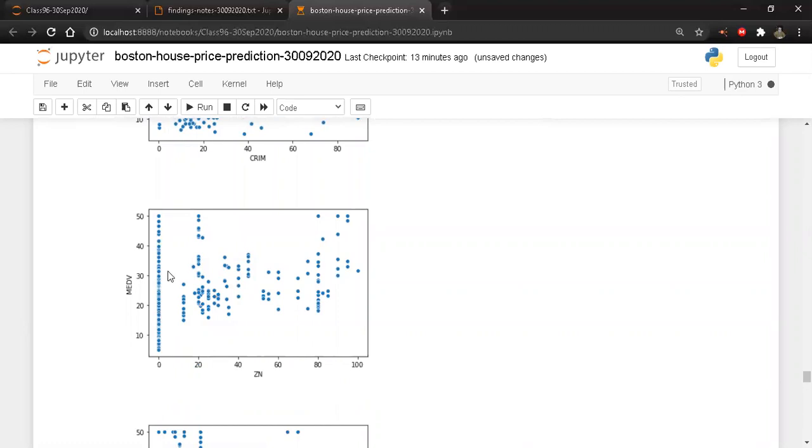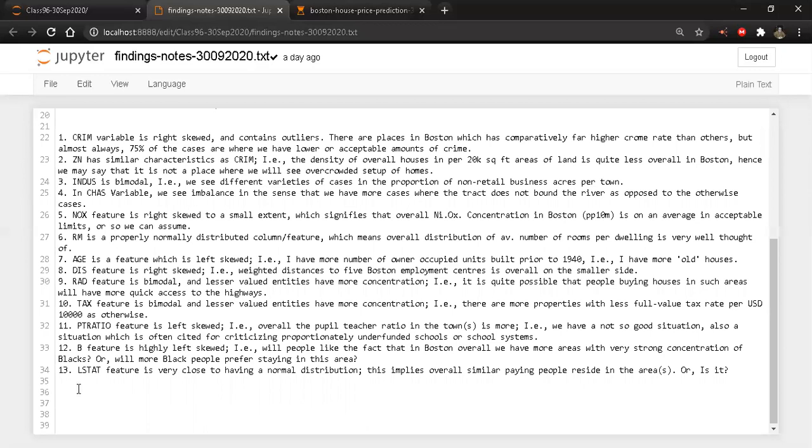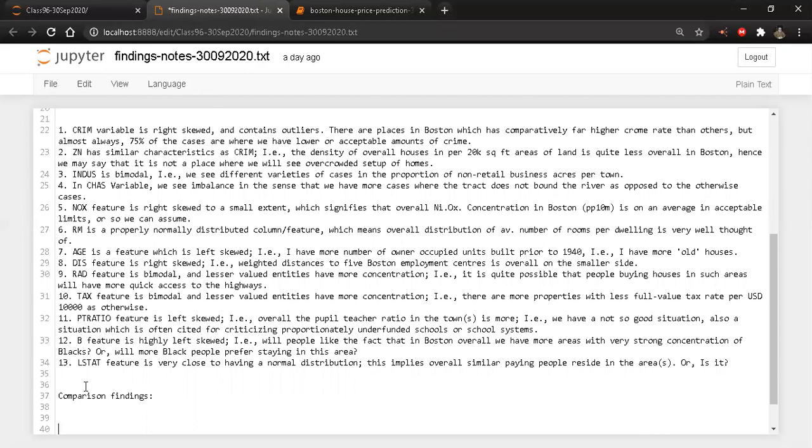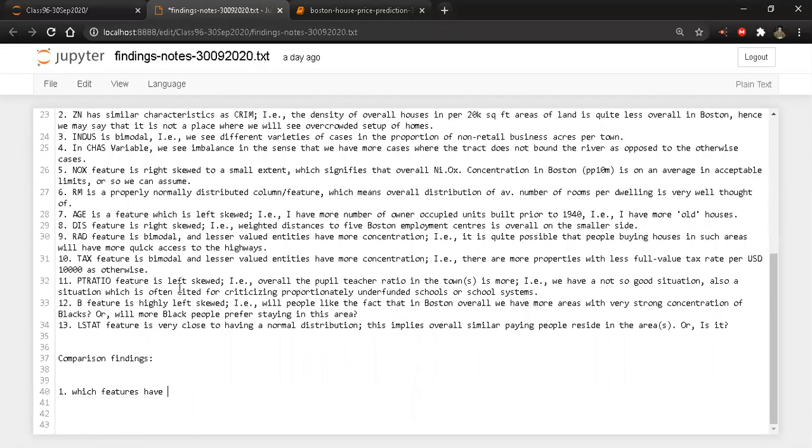So let me just write down these findings. I am going to say comparison findings. Okay, so comparison findings are what? First finding is: which features have a linear relationship as per the scatter plot.